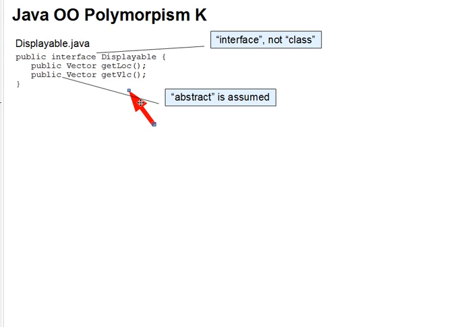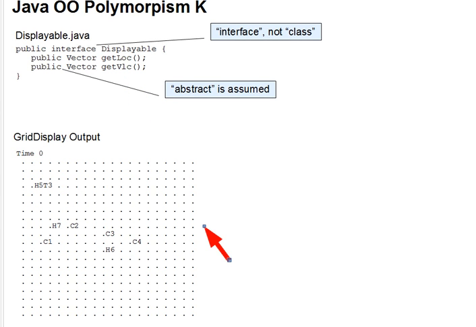Well, to answer that question, let's look briefly at GridDisplay, which is the class that prints out the text display of the simulated area. I'll repeat that display here in the diagram as a reminder. Now, we won't go over all the code yet, just the aspects that use displayable.